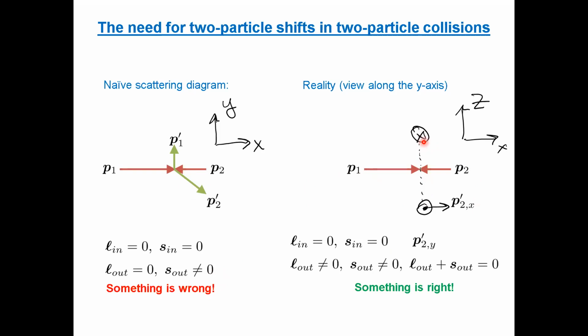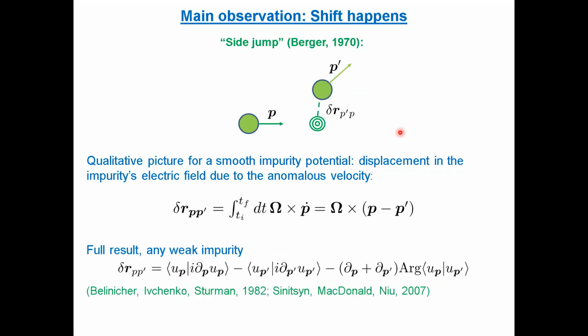So for these chiral, or rather helical, particles, angular momentum conservation immediately tells you that there must be something going on in the collision that is not captured by this naive classical diagram. So this is supposed to convince you that, as they say, shift happens. And these shifts in collisions are actually very well known in the context of electron impurity scattering.